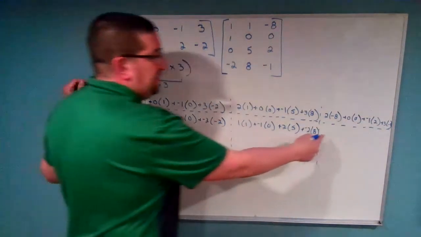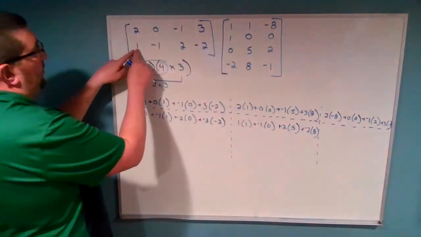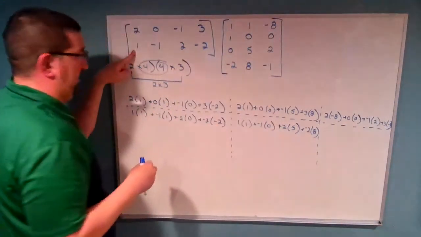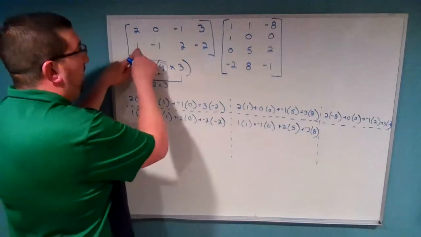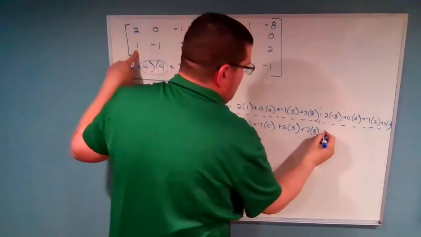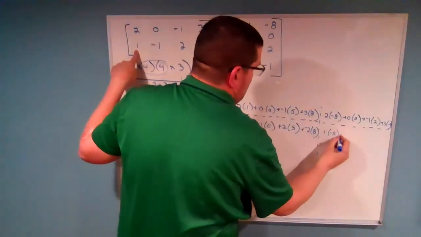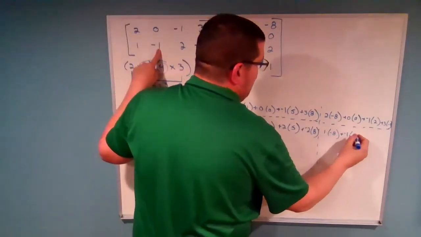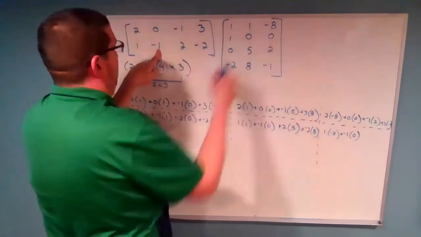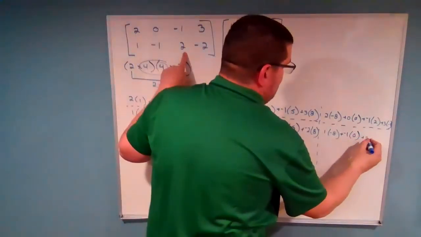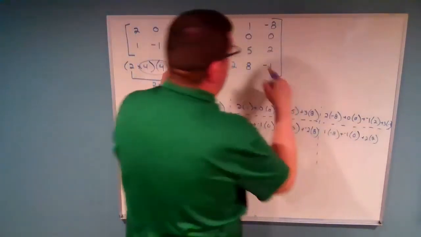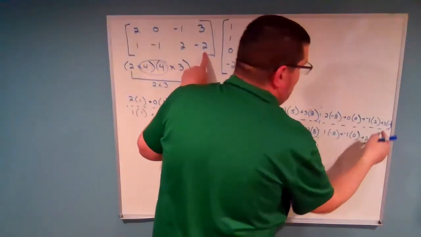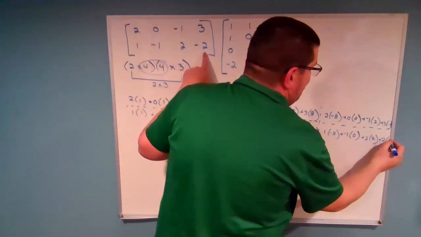Our last entry is going to be row 2 times column 3. So that's going to be 1 times -8 plus -1 times 0 plus 2 times 2 plus -2 times -1.